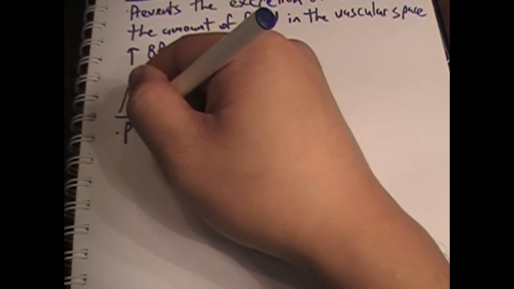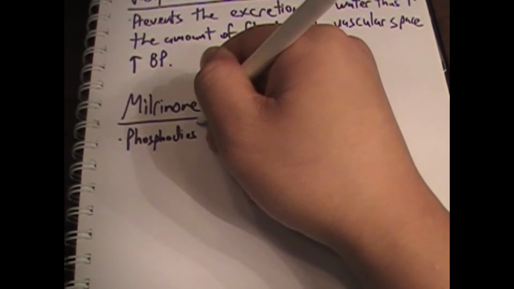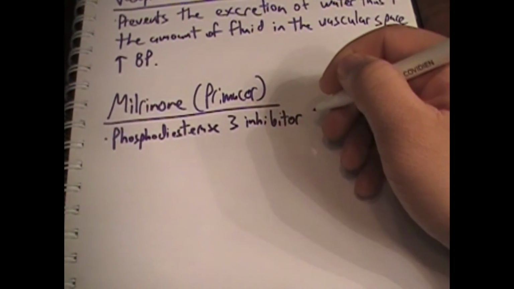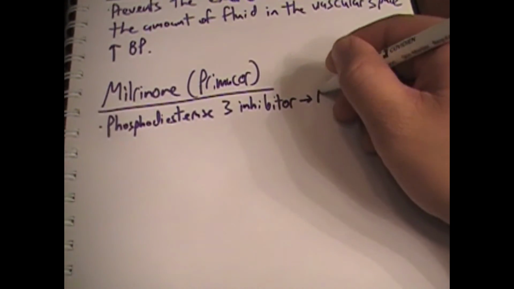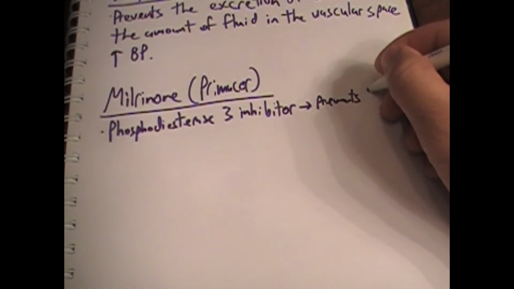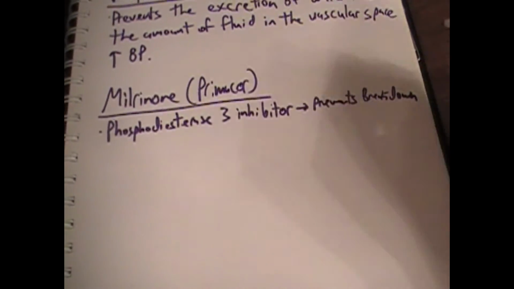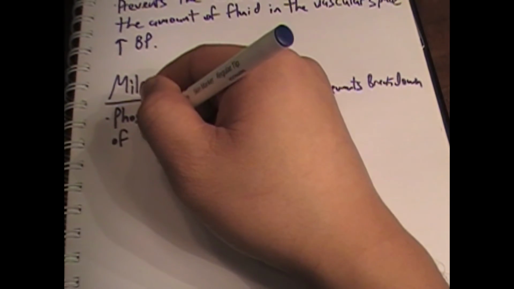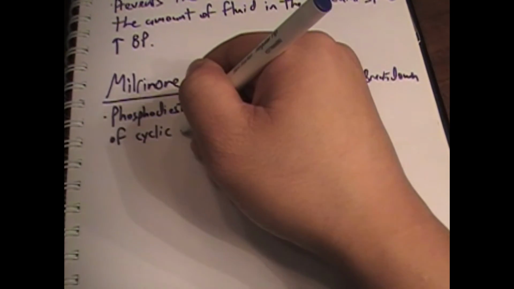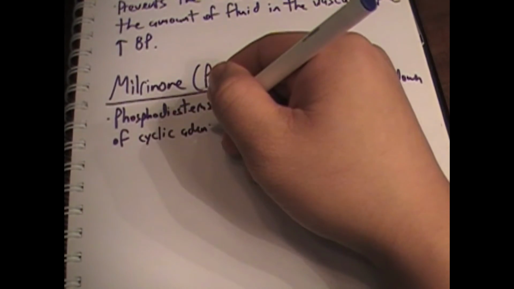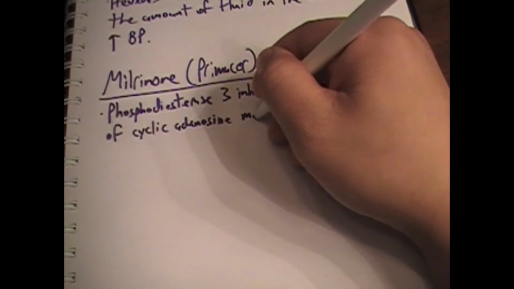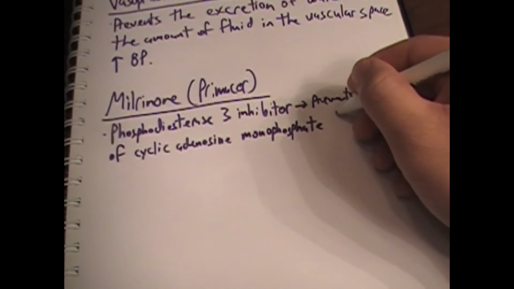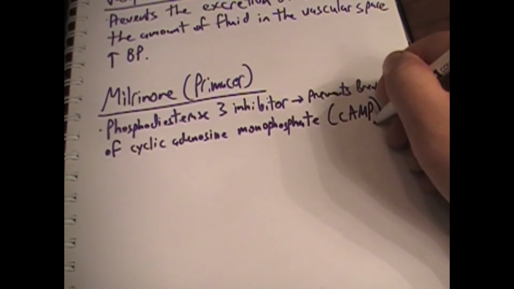Now, milrinone is a phosphodiesterase 3 inhibitor, which prevents the breakdown of cyclic adenosine monophosphate, abbreviated lowercase c, capital AMP, that is cAMP.